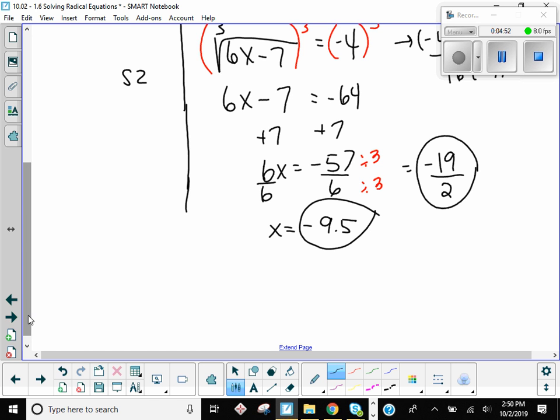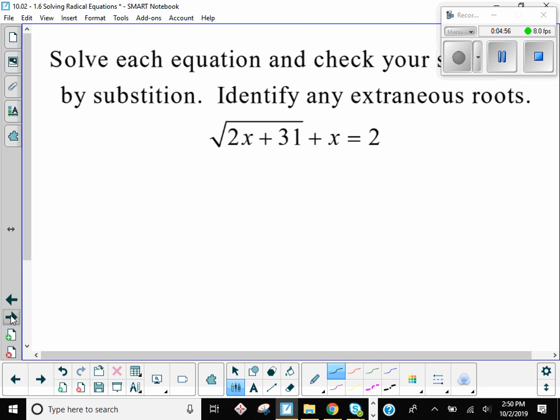We're going to layer this up a little bit with this problem. The very first step is to isolate your radical. Find the radical. What side is it on? Left or right? It's on the left side.